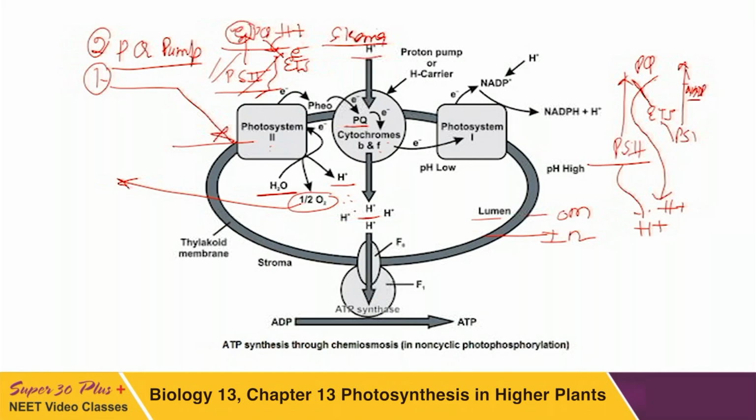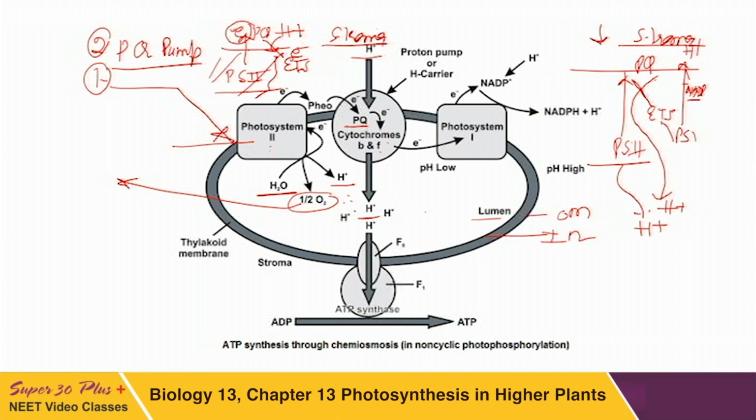This NADP will receive protons from the stroma again. So when the protons are consumed through this process, there will be a decrease in the concentration of hydrogen ions there, therefore a gradient will be maintained because of this also. Here in the lumen the concentration will be comparatively more.